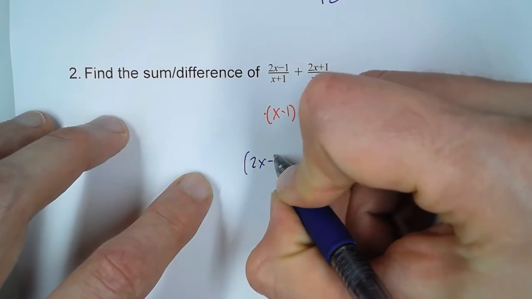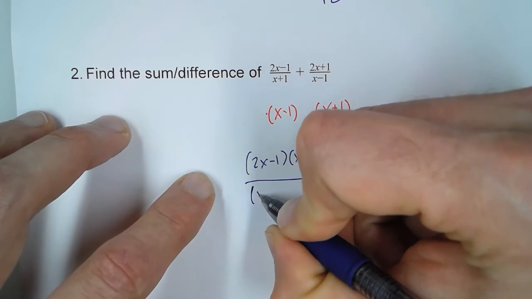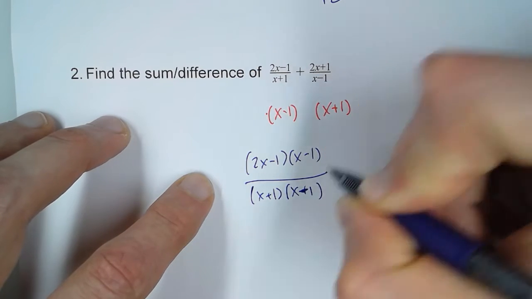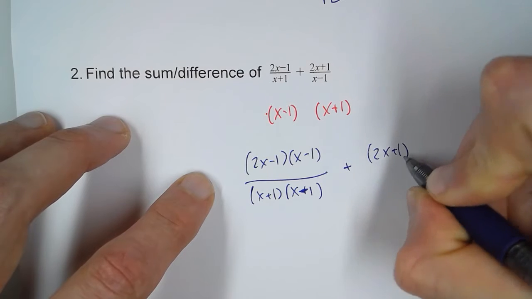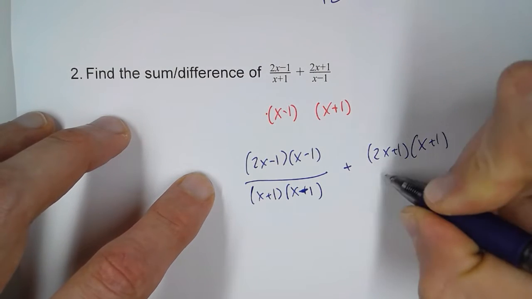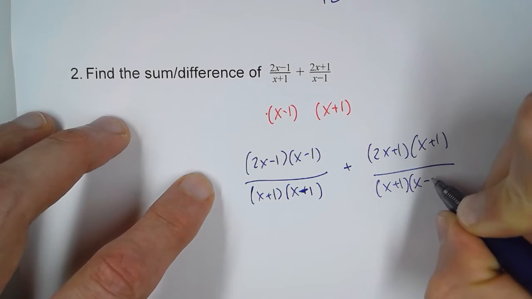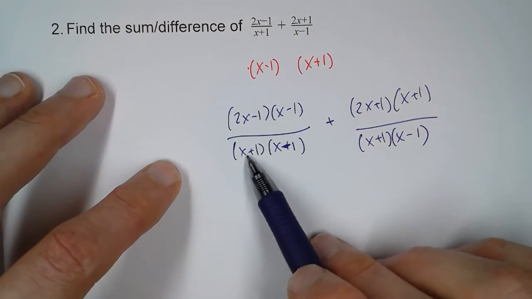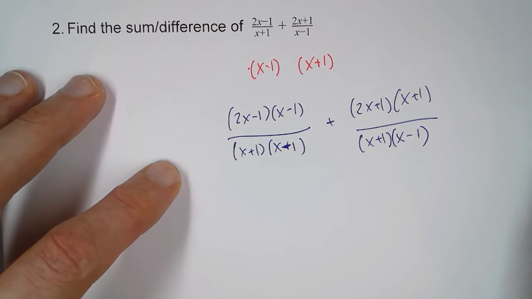So we have 2x minus 1 times x minus 1 on top, and we have x plus 1 and x minus 1. Here we have 2x plus 1 times x plus 1 all over x plus 1 times x minus 1. So again, leave these as they are in factored form.